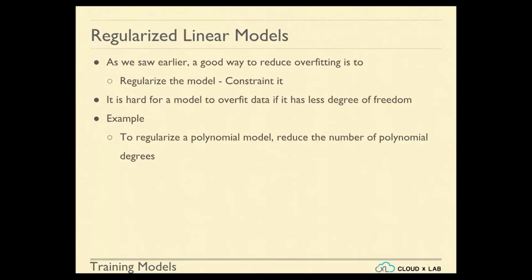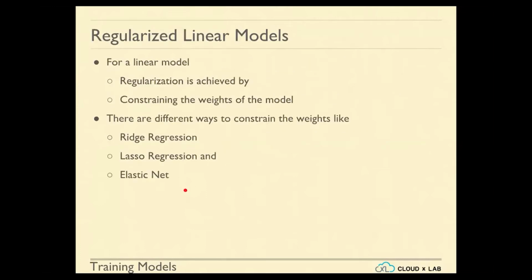As we go for more polynomial degrees, we get so many thetas to train, and we get more freedom, and hence the chance that the model will overfit is very high. For linear models, regularization is achieved by constraining the weights of the model.